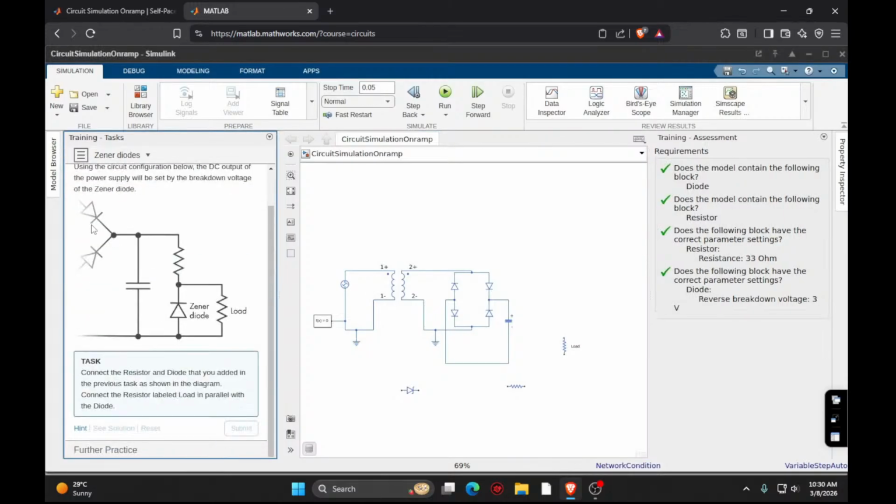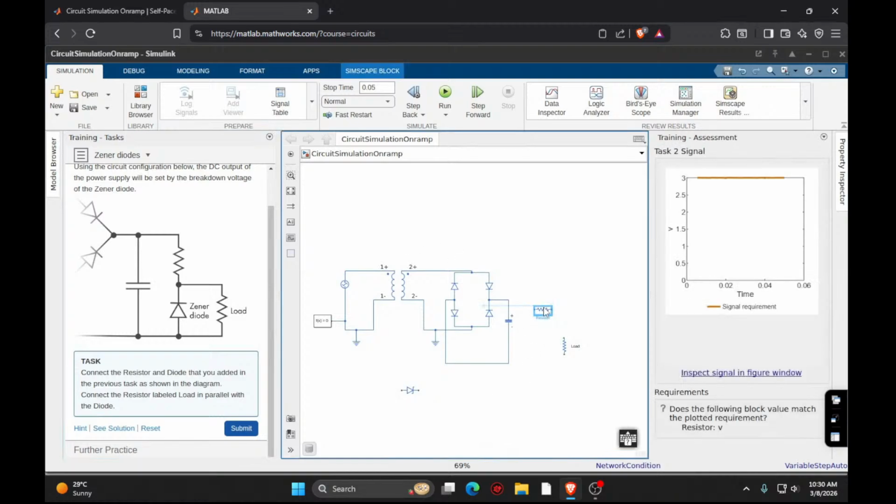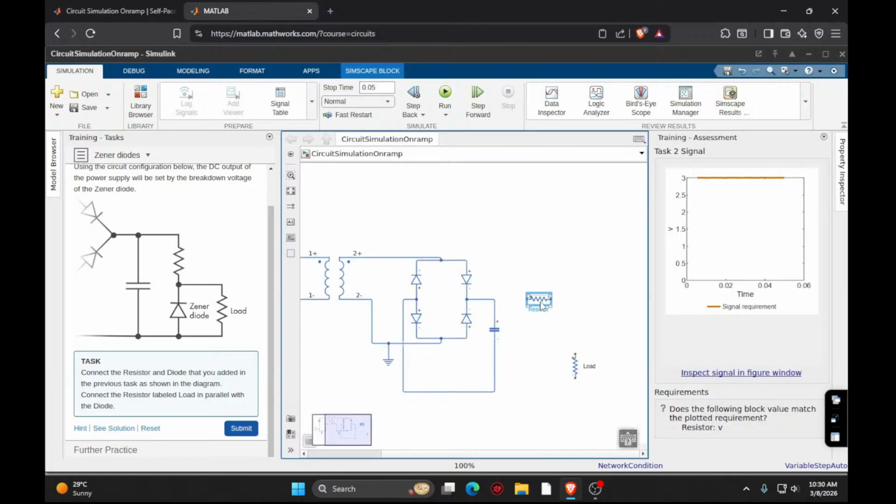Next. Now we have to connect it like this. First of all, we need this. Sorry, we have to make it across. Alright, so what we have to do, we have to write like this. Then I need a diode.